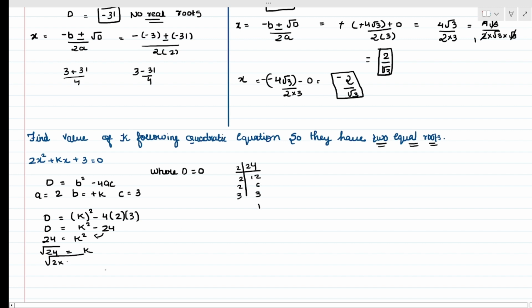So you will get your answer as 2 into 2 into 2 into 3. As you have learned in Heron's formula in 9th standard, if we take out a pair of numbers common, it will become single when you take it out from the root. So 2 times 3 gives me 6. So my answer is k is equal to 2 under root 6.